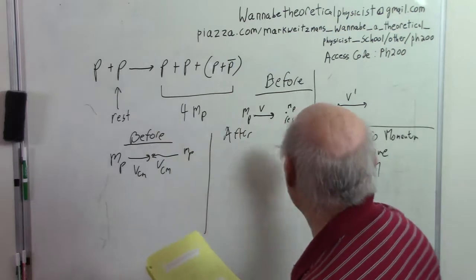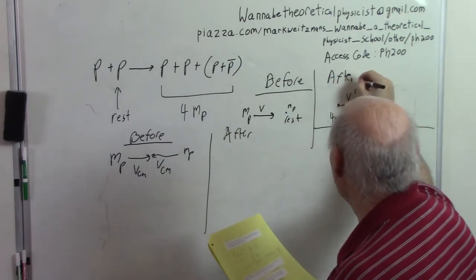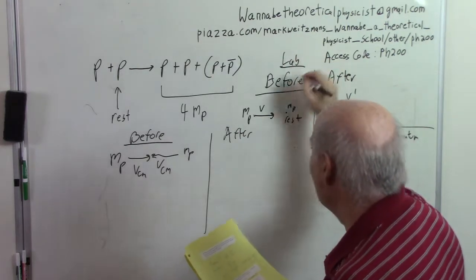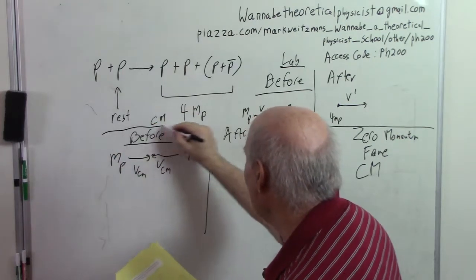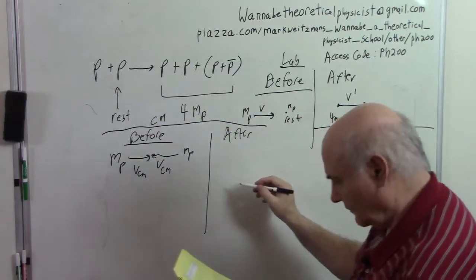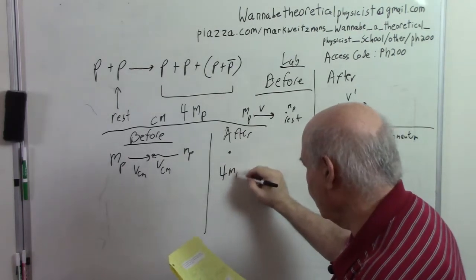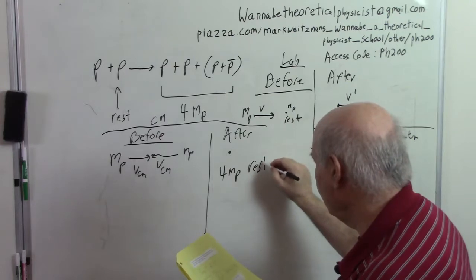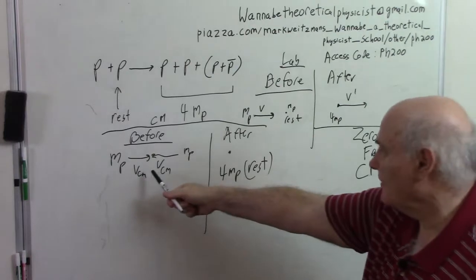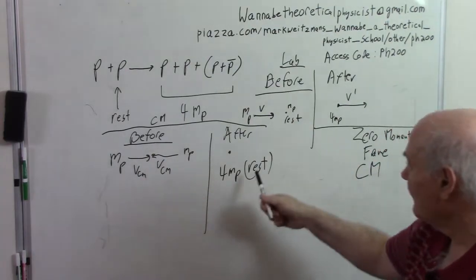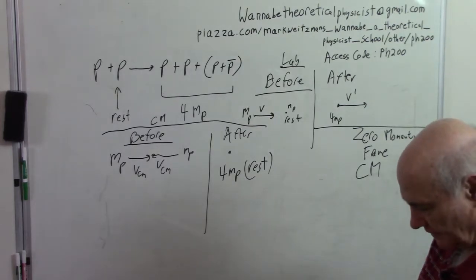Let's call the first the lab, and this the CM. After, we just have a single particle, 4mp, at rest. There's no momentum in the center of momentum frame. That's why we call it the zero momentum frame. So before and after we have to have zero momentum, so we just have a single particle, 4mp at rest.